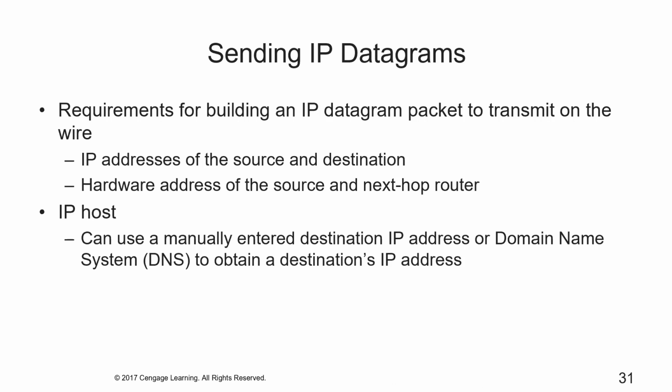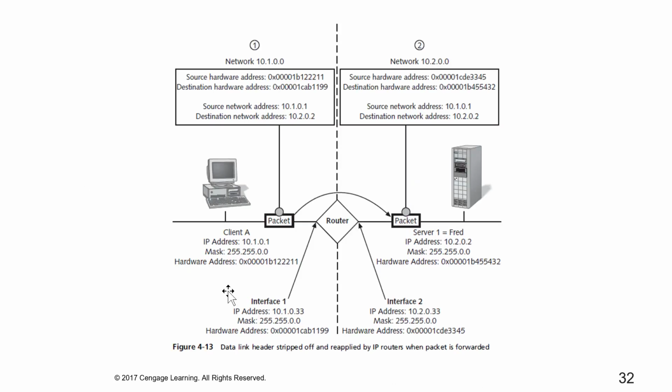Now, if we jump here, this is how a data link header is stripped off and reapplied by IP routers when a packet is forwarded.